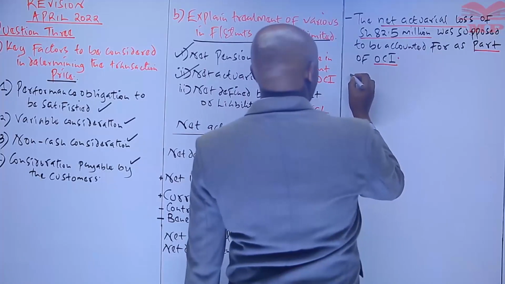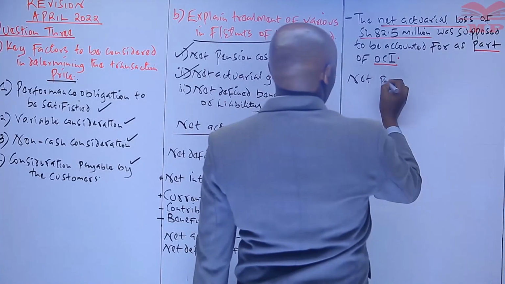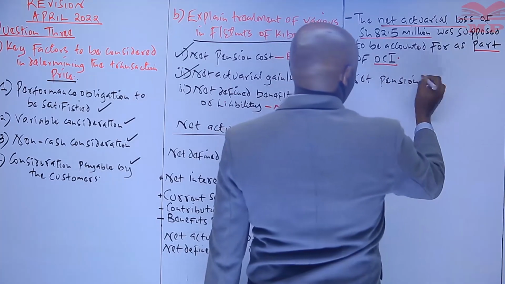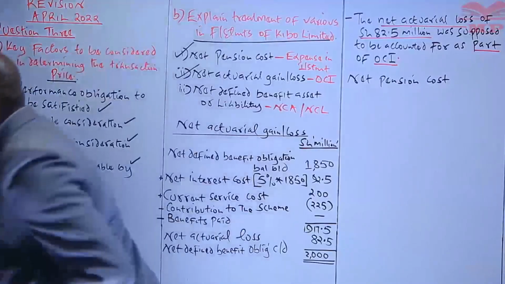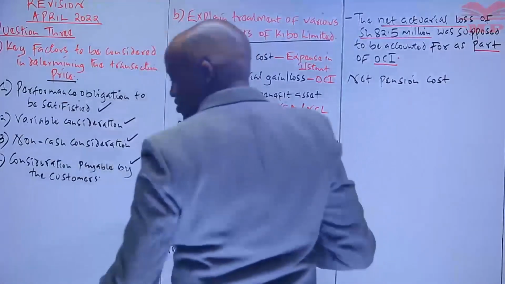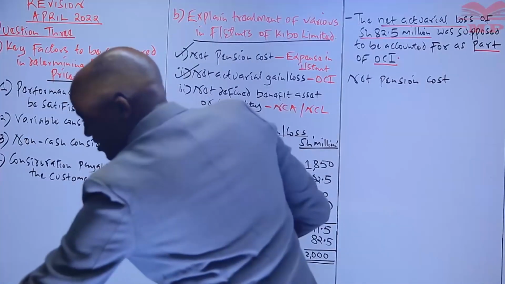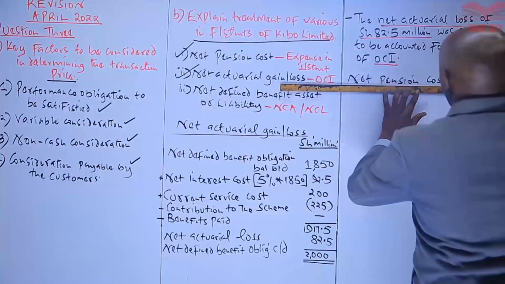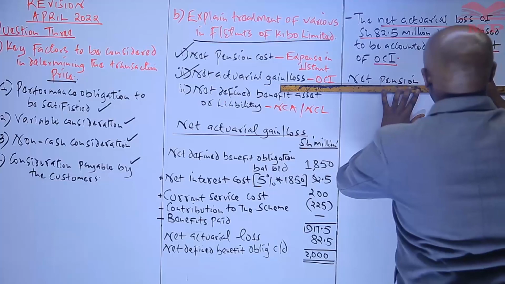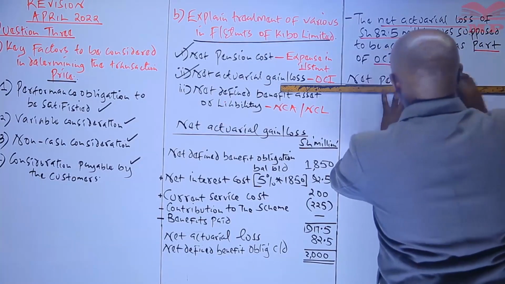Net pension cost. Now, how do we determine this particular net pension cost? To compute this particular amount of net pension cost, equally we take a number of items here.